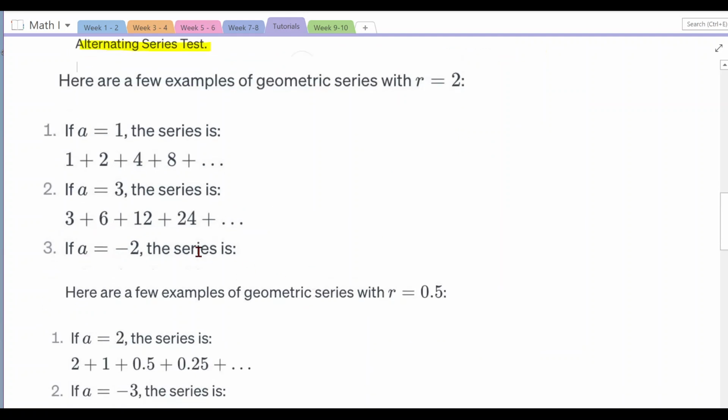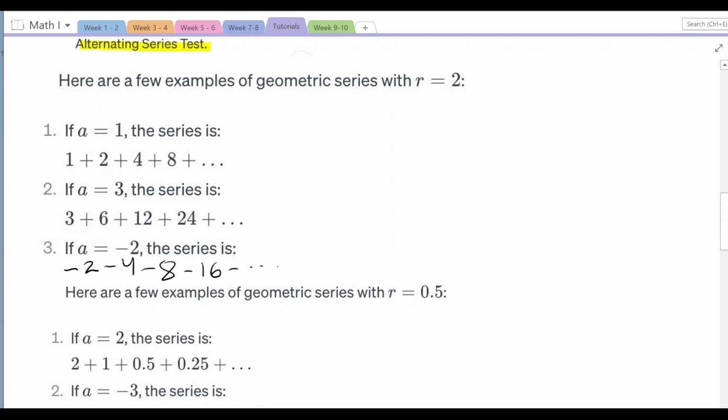If a is negative 2, then it is not given here. So it will be negative 2, negative 4, negative 8, negative 16, and so on.